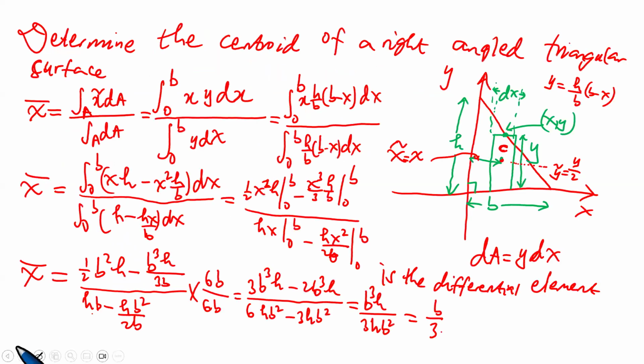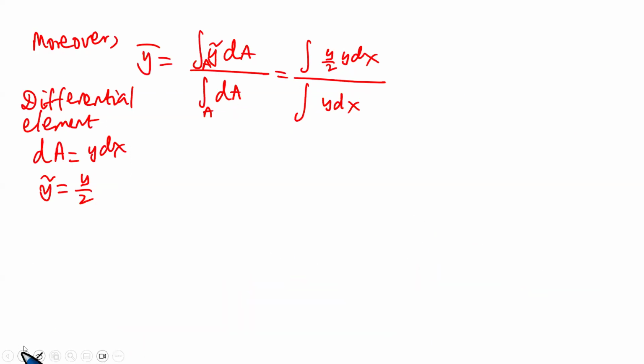Dealing with the dx, we're able to see, therefore, on the x-axis, we're moving from 0 to b, which means you have 0 to b, and also you have 0 to b. So, and the bottom is similar.